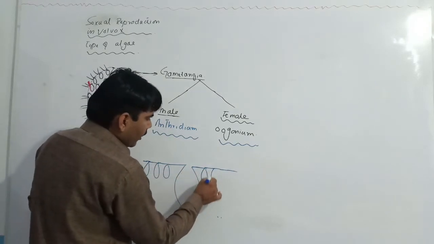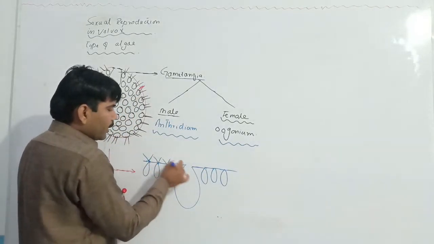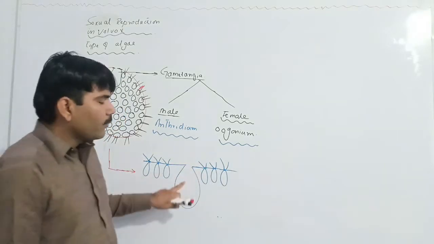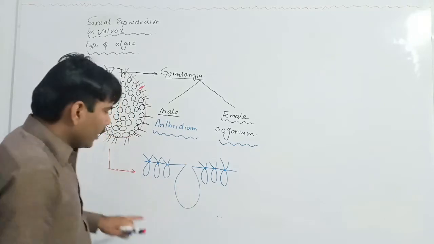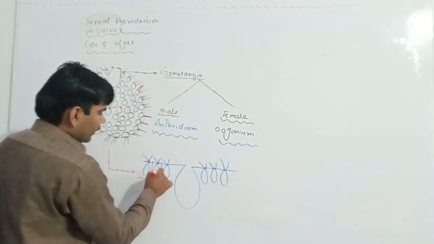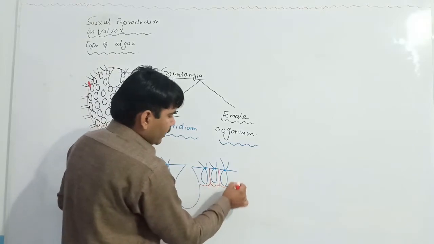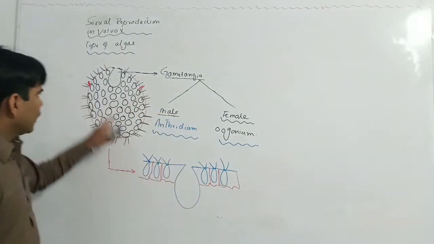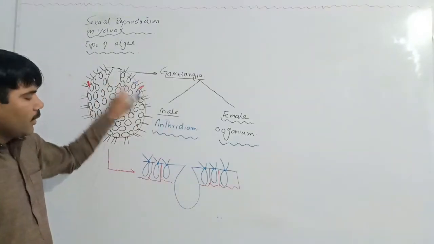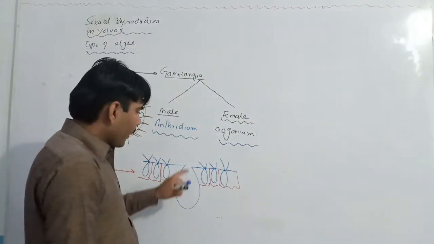These cells are known as vegetative cells, and vegetative cells don't lose their flagella, but only reproductive cells lose their flagella and become enlarged. So these are the vegetative cells of Volvox, and only this is the cell which is undergoing sexual reproduction.